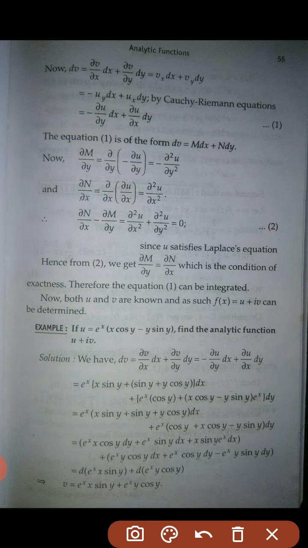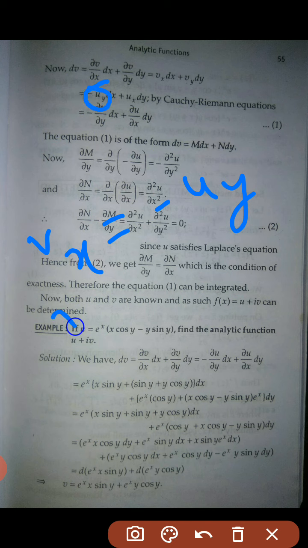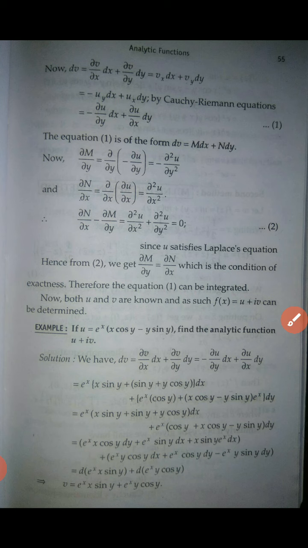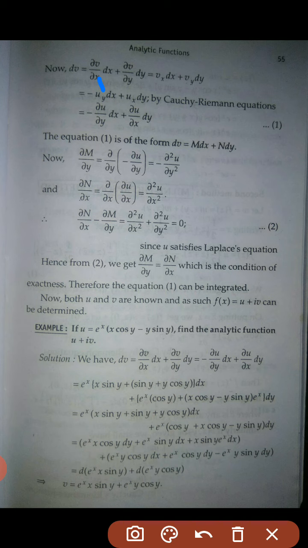in the Cauchy-Riemann equation we have vx equals minus uy, and therefore we put this value here, and similarly vy equals ux, and we put this value here. So del v by del x becomes minus uy and del v by del y becomes ux.